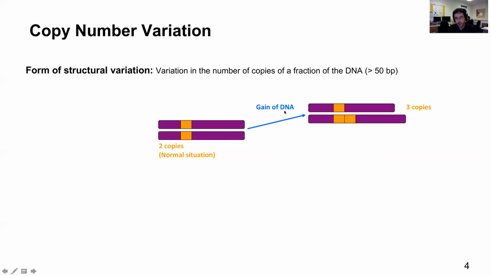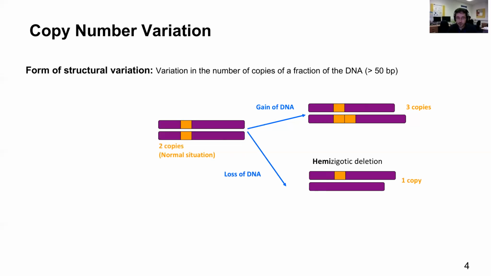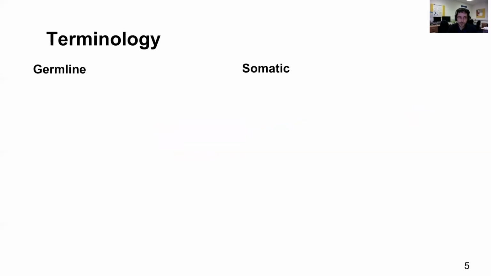Maybe we have an additional copy here, so we'll have a copy number of 3, and the extra copy can be in the same chromosome or anywhere else in the genome, or we can have losses. When we lose one copy, we talk about hemizygous deletions, and if we lose both copies, both alleles, then we'll have 0 copies of that region in that individual, and that would be a homozygous deletion.